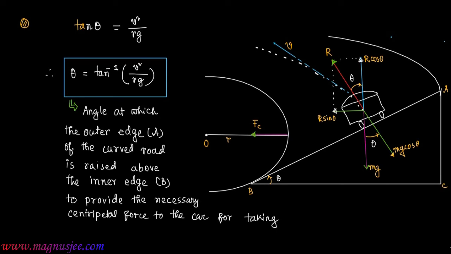To provide the necessary centripetal force to the car for taking a turn round the inclined curved road. Theta is also called the angle of banking.